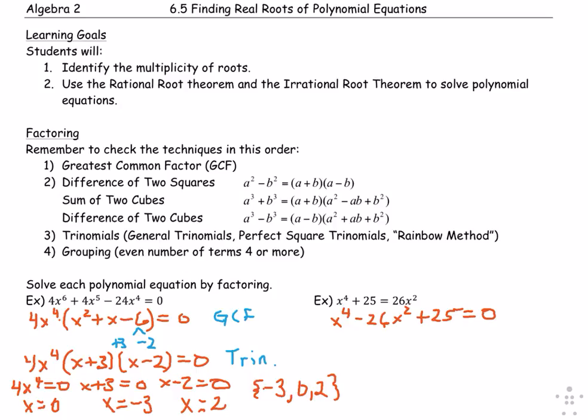So it's quartic. Now, I could just simply say, all right, it's a trinomial, set up 2 pairs of parentheses. I look at the factors of the constant. Since the leading coefficient is 1, I could do that. So what are the factors of 25 that sum to negative 26? So it's going to be negative 25 and negative 1. And here's the deal.